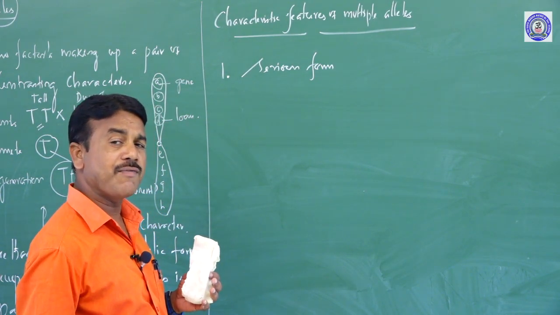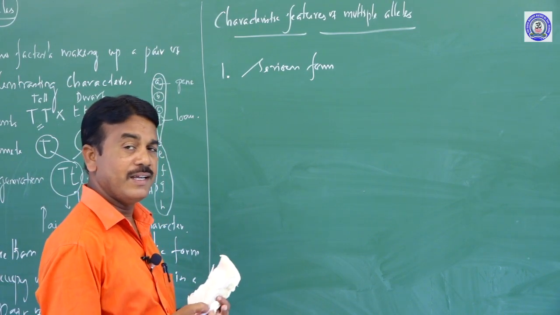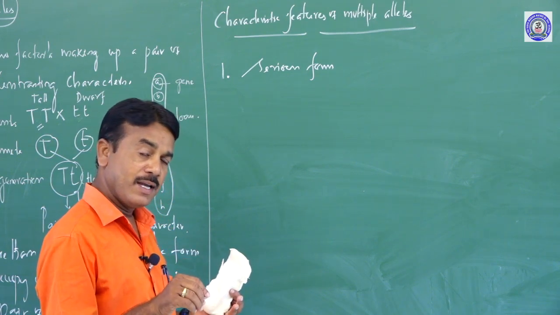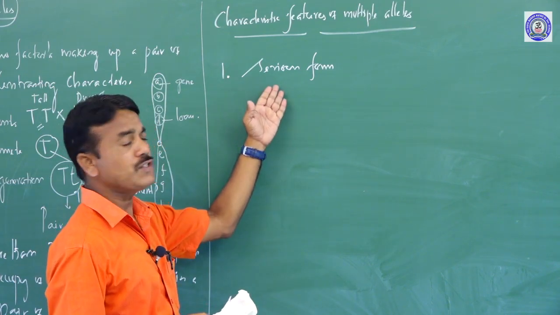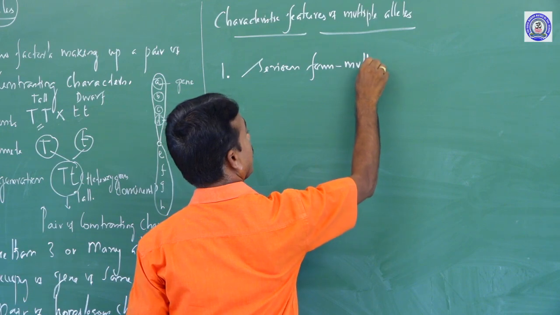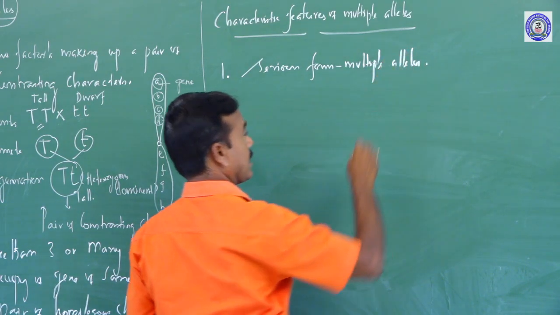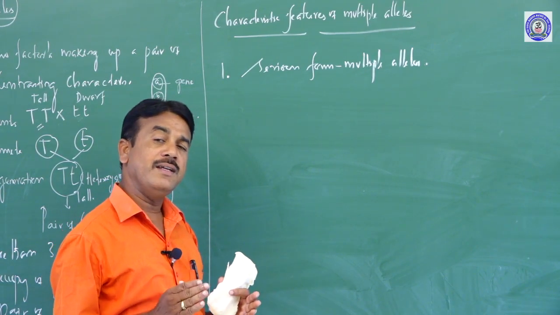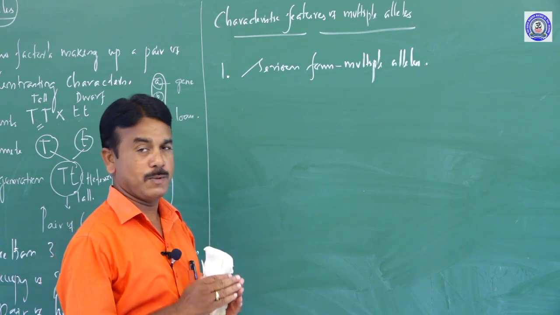Where do they occur in series form? In a gene, on the same locus in a pair of homologous chromosomes, a series of multiple alleles is there. Otherwise known as a series of multiple alleles occupying the same locus of homologous chromosomes.